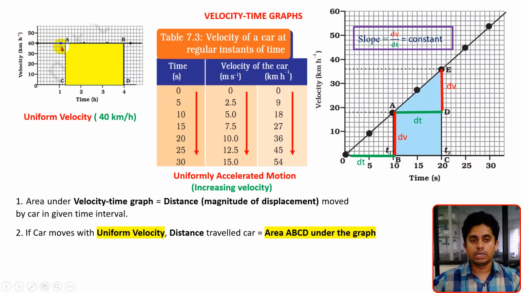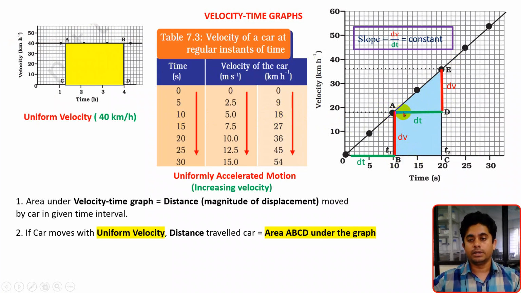Same logic applies here when the car travels from point A to point D, not point E. Here you can see when time was 10 seconds, velocity was 18 km per hour.